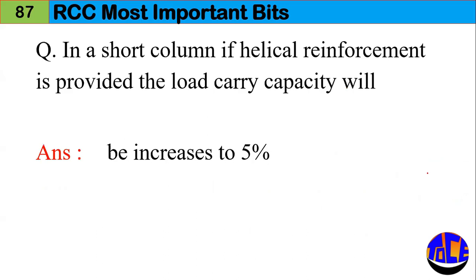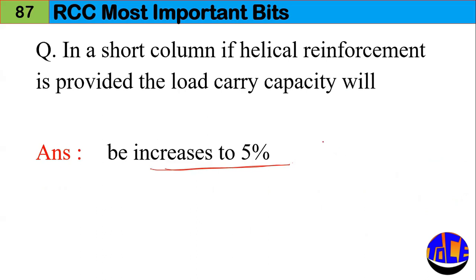Question number 87. In a short column, if helical reinforcement is provided, the load carrying capacity will be increased by 5%. So that means the helical reinforcement columns will have 5% more strength than the lateral tied members.